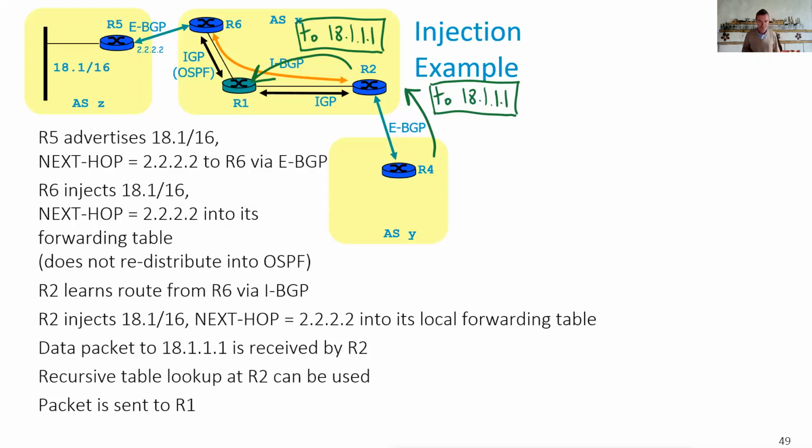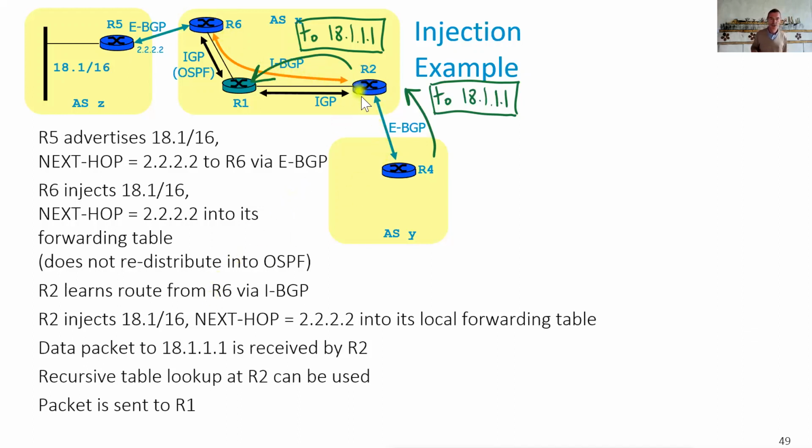So let's see how it would work here. I'm assuming that the middle AS now is not doing redistribution, but only injection. So R6 puts into its routing table destination 18.1/16, next hop 222, which here is no problem. It's on link with R6. But R2, that has learned the destination via iBGP, will do the same.